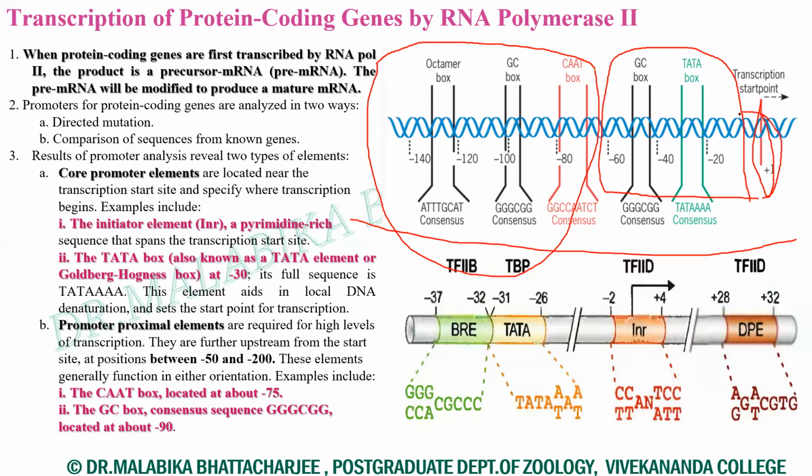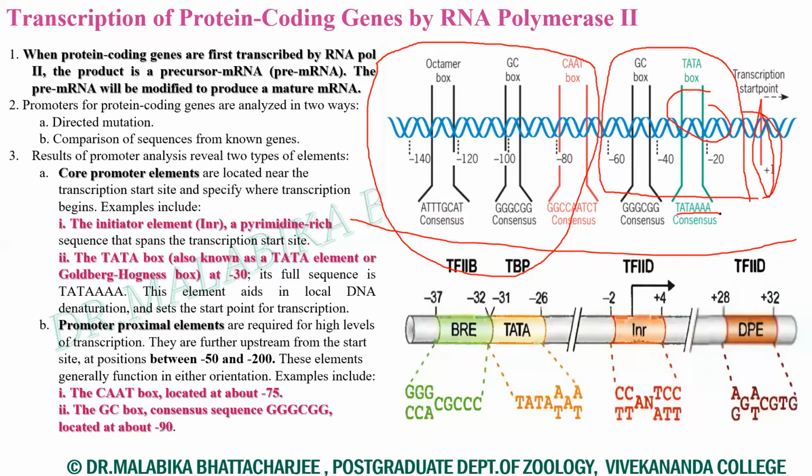There are two basic sequences: the +1 sequence, known as the initiator, which spans the transcription start site, and a region around -30, which contains the sequence 5' TATAAA.